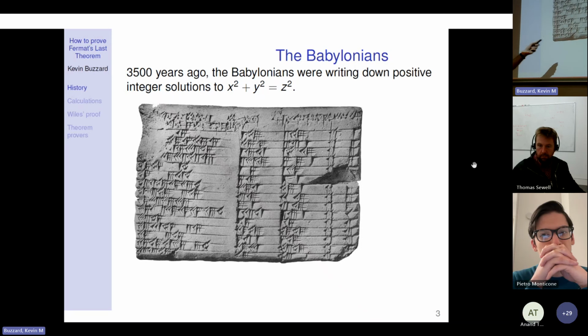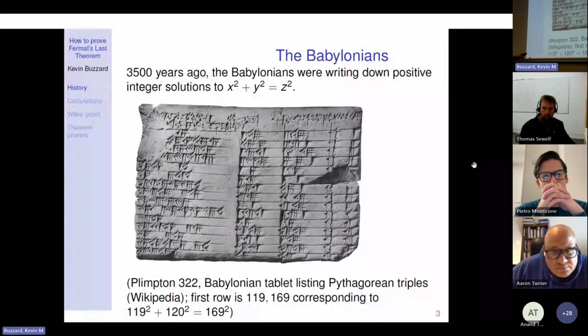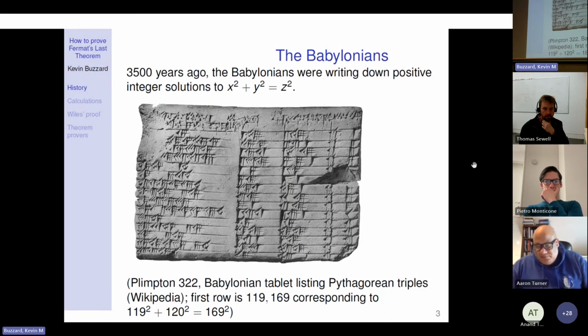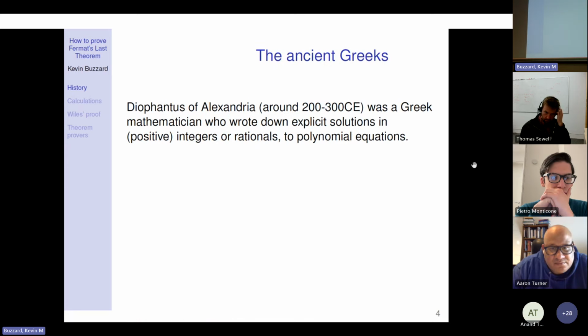But the Babylonians all worked in base 60, and they really liked numbers which were multiples of 60. And so the first one is 119 squared add 120 squared is 169 squared. It's all written in this kind of crazy base 60 notation that they had. So there you go. That's Diophantine equations, even before Diophantus.